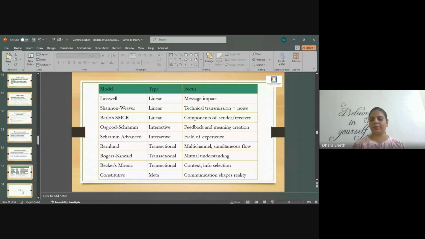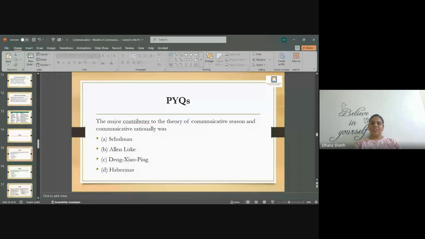Okay, let's start. The major contributor to the theory of communicative reason and communicative rationality was... These are the questions that have been asked. You cannot cover all the communication theories in the world. I tried to find out and I found that mostly 5 or 10 of them are very famous.